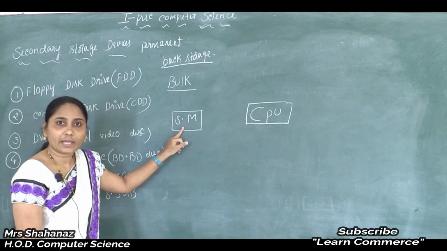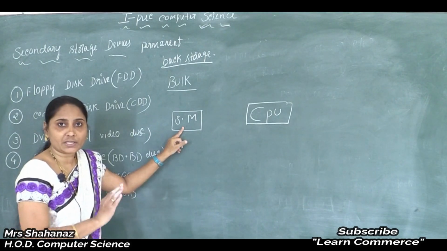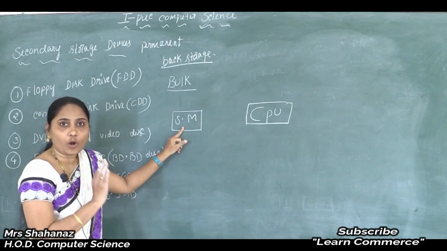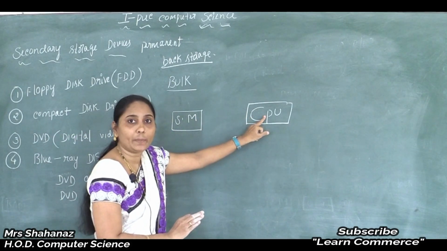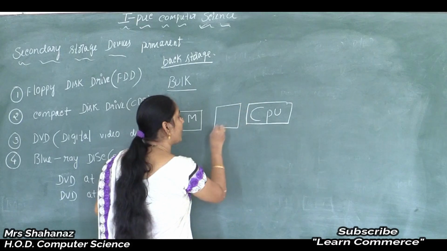For whatever processing and output, the CPU communicates directly with the primary memory only.